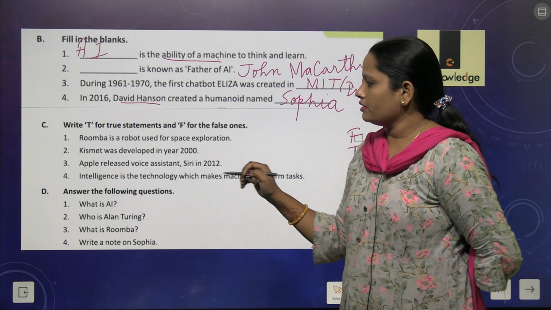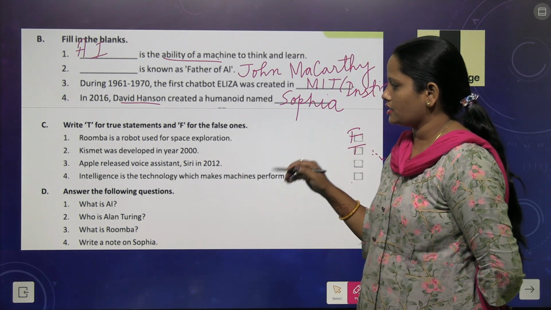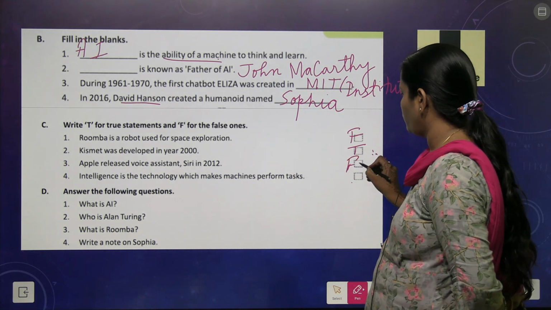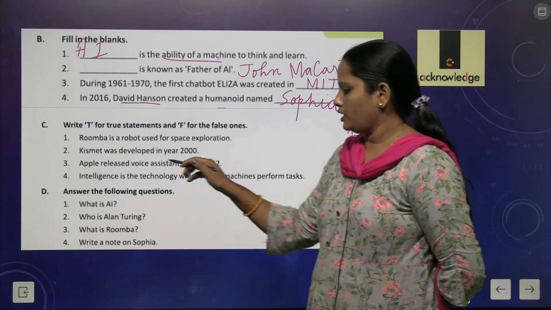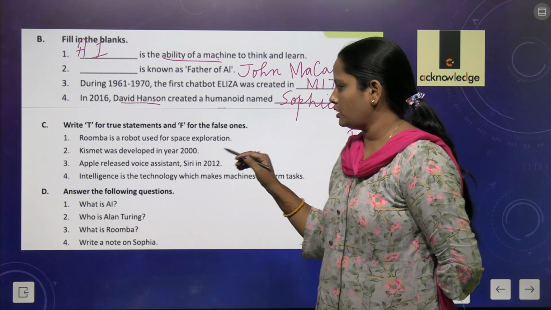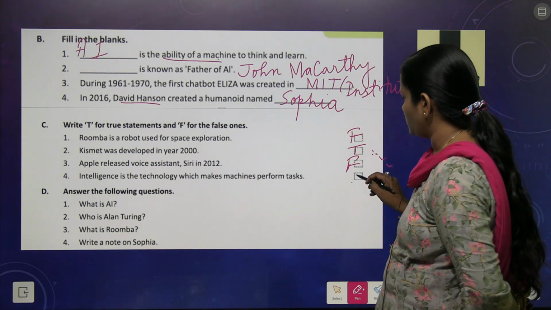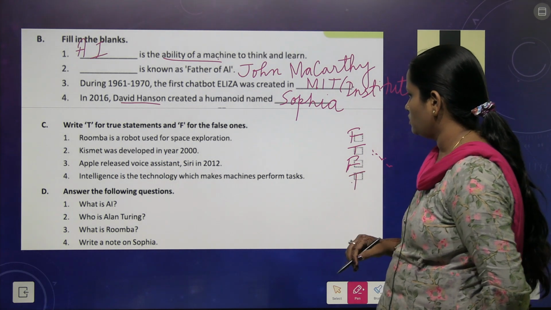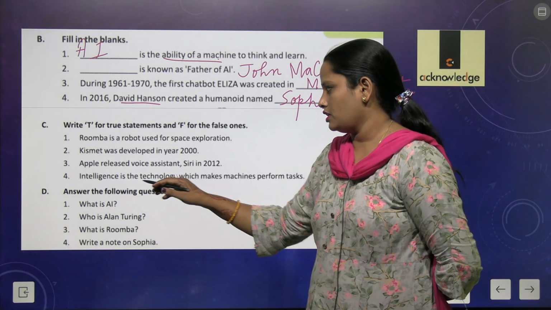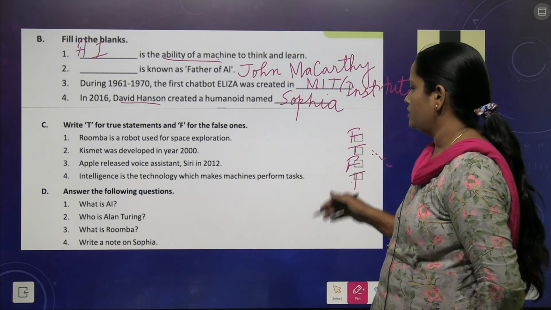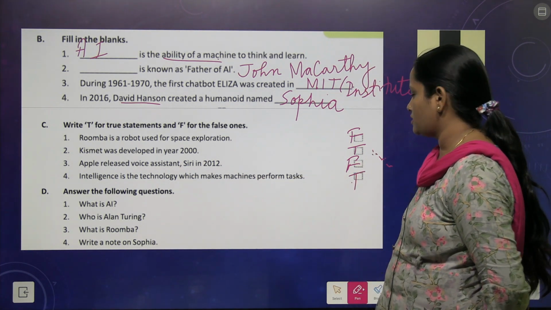Apple released voice assistant Siri in 2012. False. Artificial intelligence is the technology which makes machines perform tasks. Yes, it is true. AI is a technology by which machines can perform different tasks. So these were the answers.